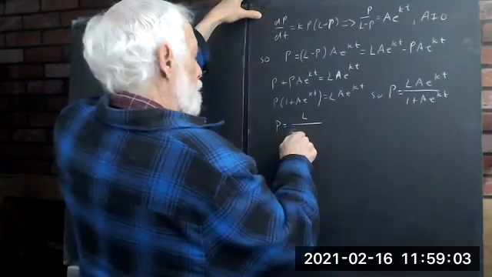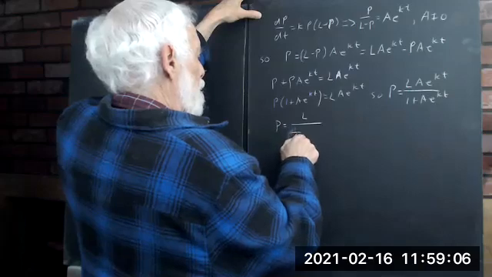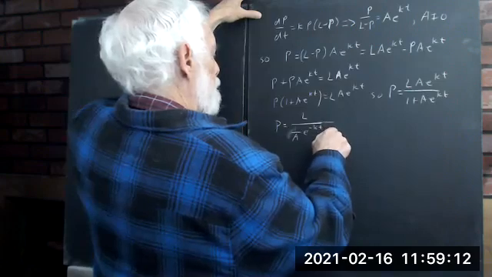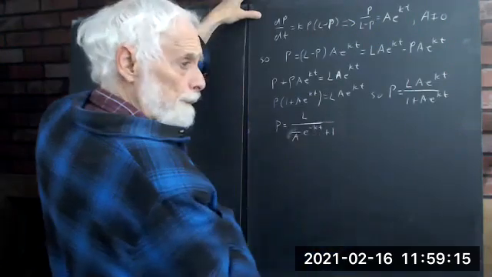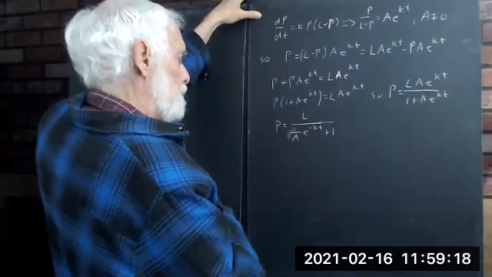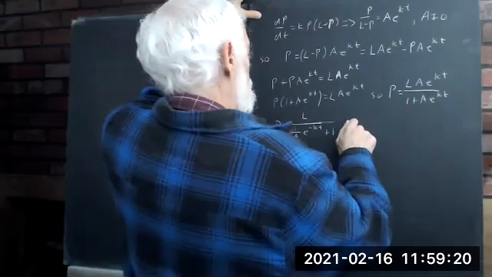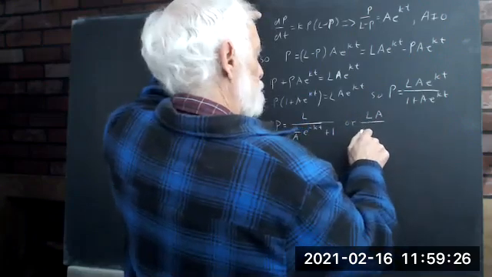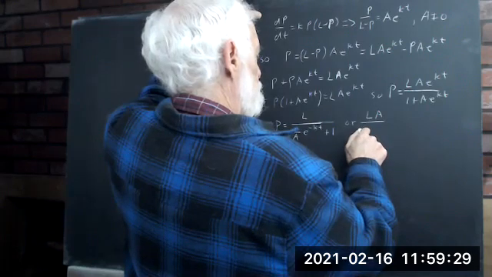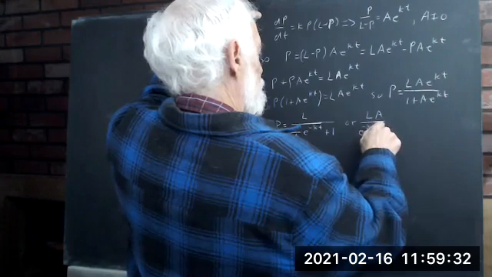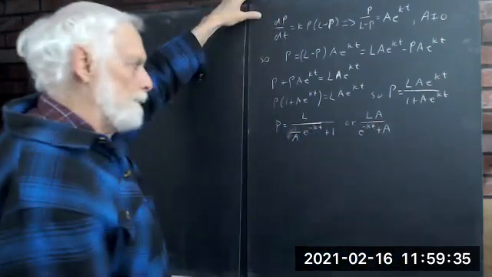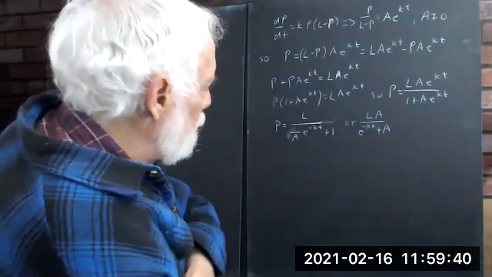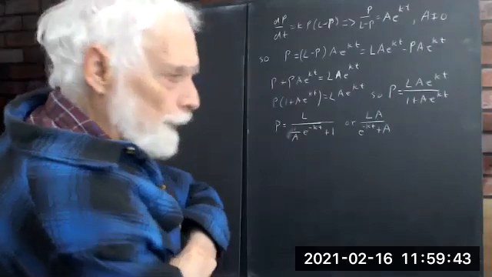Okay, you're going to get L over 1 over A e to the negative KT plus 1, or LA over e to the negative KT plus A. You can read these forms.